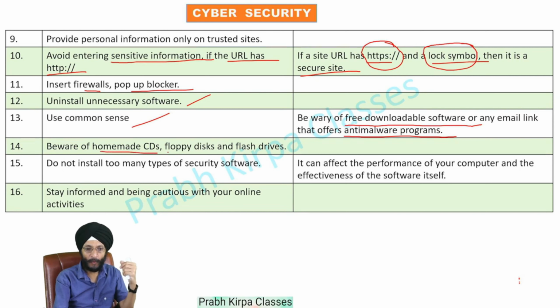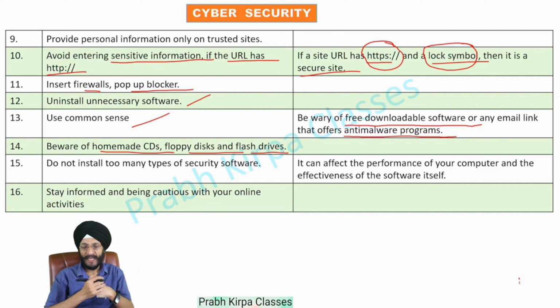Beware of homemade CDs, floppy disks, and flash drives, as these types of CDs or floppy disks can cause harm to our computers in the form of viruses, worms, Trojan viruses. Further, do not install too many types of security software.